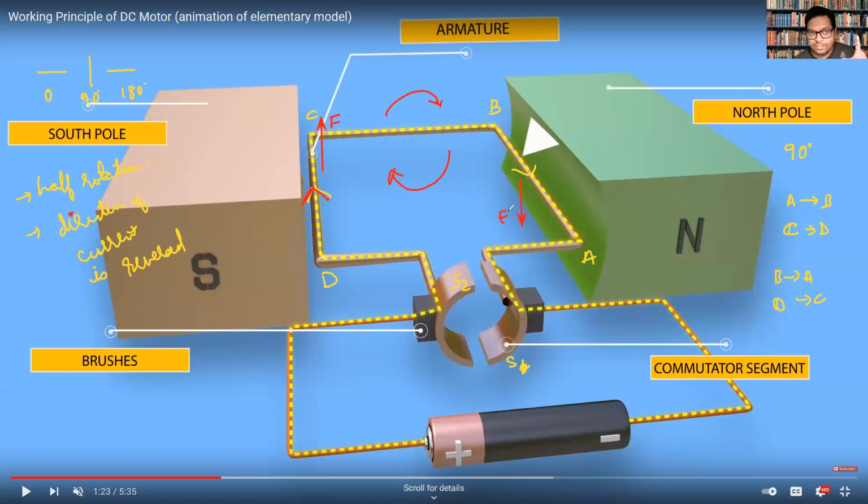Now, because the force is upward, the coil will continue to rotate in the clockwise direction. Okay, so because of the split ring, what is the function of the split ring then? A split ring changes the direction of current after half rotation, such that the coil can continue to rotate in either clockwise or anti-clockwise direction.